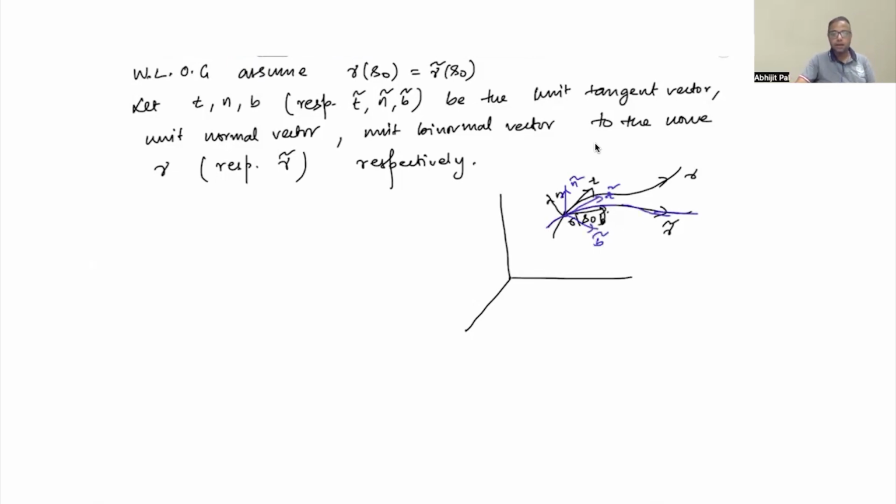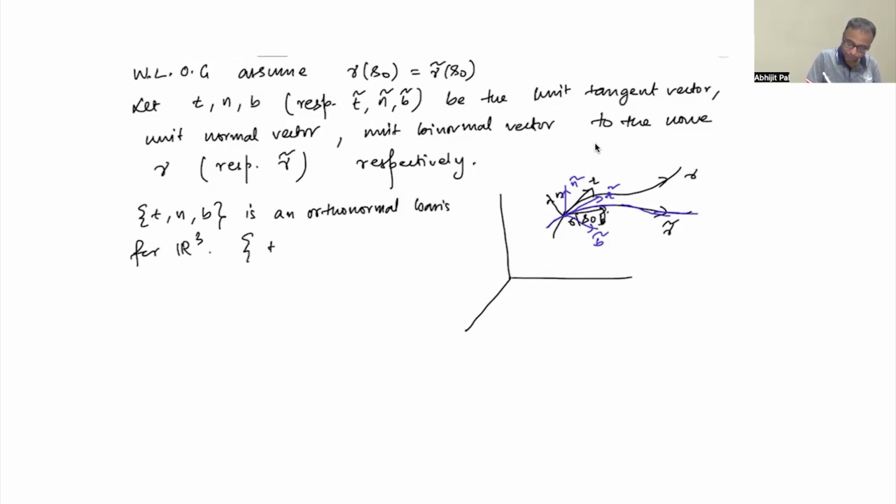So T, N, B at s0, meaning the tangent, normal, and binormal vectors at the point gamma(s0), is an orthonormal basis for R3, and we have another orthonormal basis of R3.